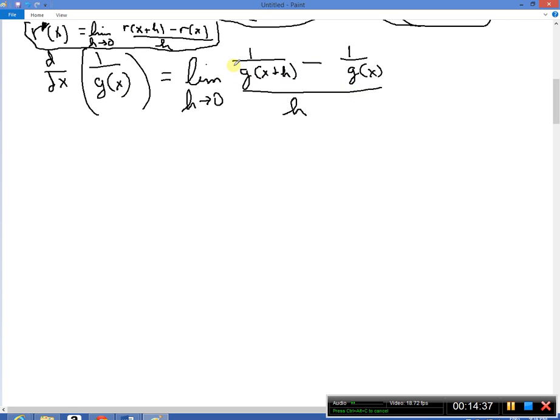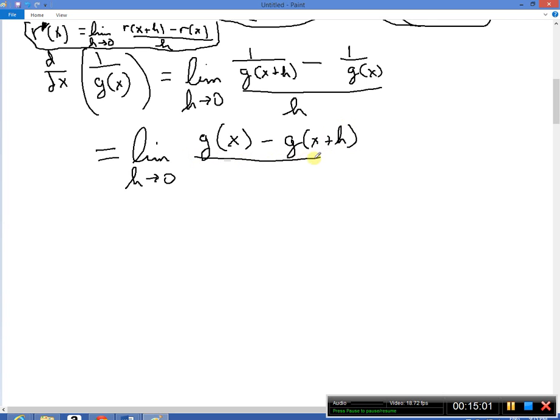Okay, what do we do now? Well, looks to me like the only thing I know how to do is get a common denominator and subtract. So this is going to be the limit as h goes to 0 of, well, the common denominator is easy enough, g of x plus h times g of x, but the numerator is going to be cross-multiplied, g of x minus g of x plus h.